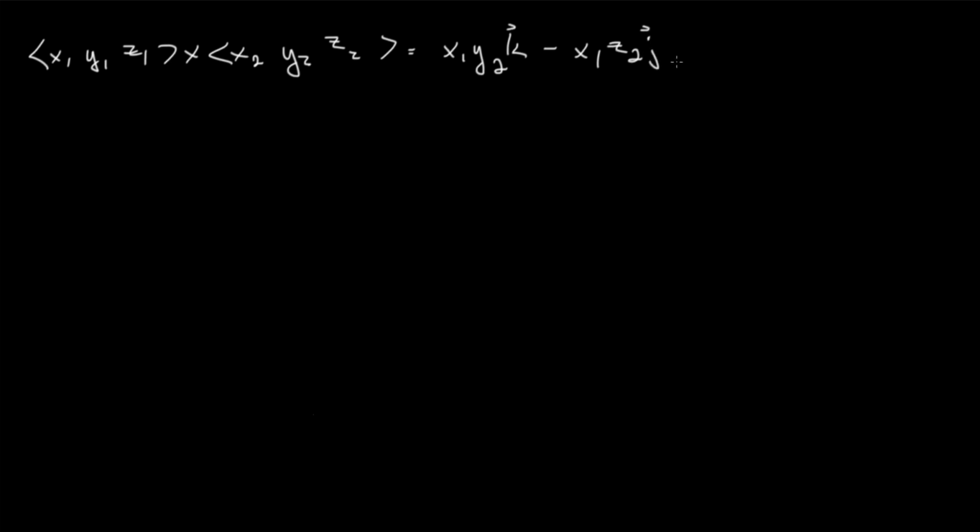Let me actually back up. x1, y1, z1 crossed with x2, y2, z2 ends up being equal to x1 y2 k minus x1 z2 j minus y1 x2 k plus y1 z2 i plus z1 x2 j minus z1 y2 i.